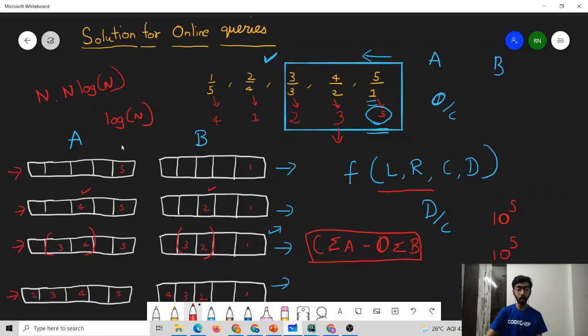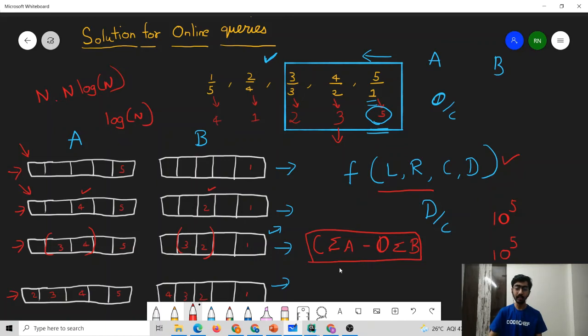So we can maintain n different heads, each pointing to one particular timestamp. Then we can easily answer our query by going to the required segment tree and querying the values from L to R in both A and B, and then finding the solution by this formula: C times the summation of A minus D times the summation of B.